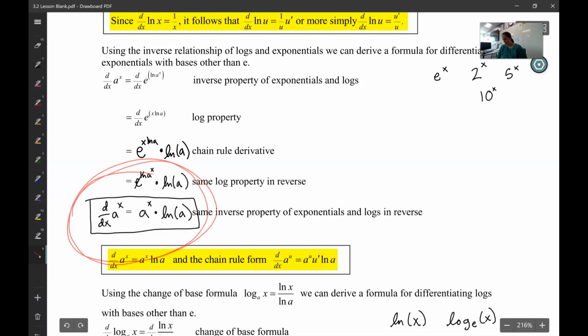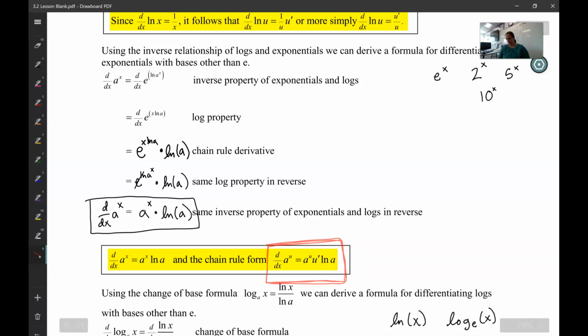I have base 3 instead of base e. So I'm going to be using this rule, or more specifically, this one, because I have a chain rule aspect to this. I have a mommy and a baby. So I'm going to do a to the u times the ln of the base times the derivative of the baby.